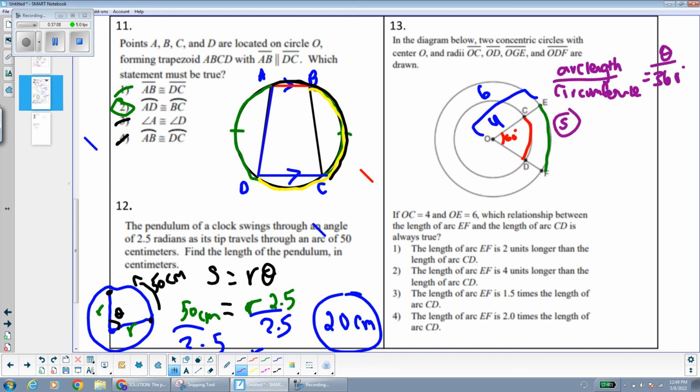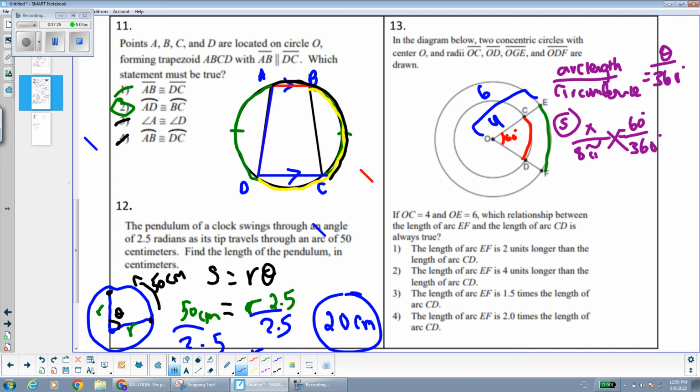So first, let me do it for the smaller circle. So we have arc length over circumference of the circle. The radius is 4, so the diameter would be 8. So that's 8 pi, equal to 60 degrees over 360.